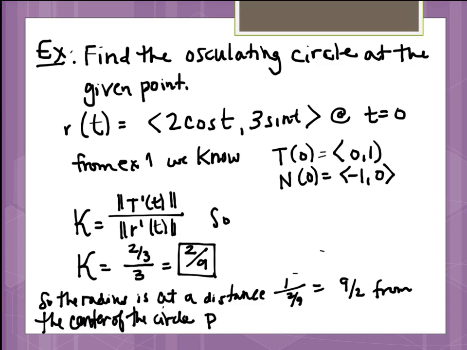So the center is at P, which is r of 0, which when evaluated is actually 2, 0. And it's supposed to be in the direction of our normal vector, -1, 0.